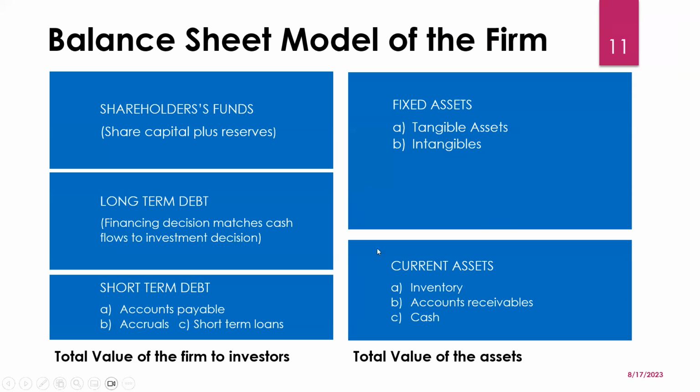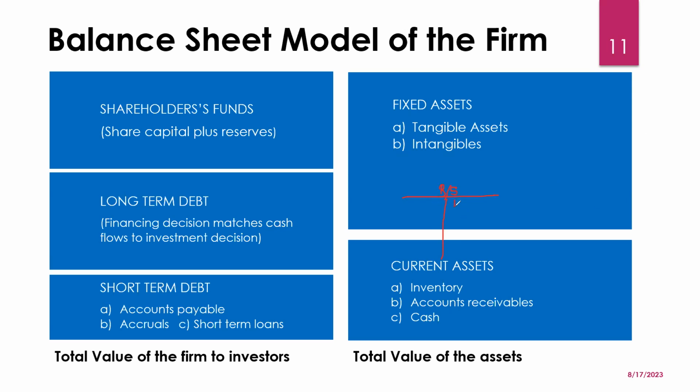So this is a normal balance sheet. If you want to draw a balance sheet, for the simpler form, we draw it as a T account, right? That is the balance sheet. It's normally a T account.